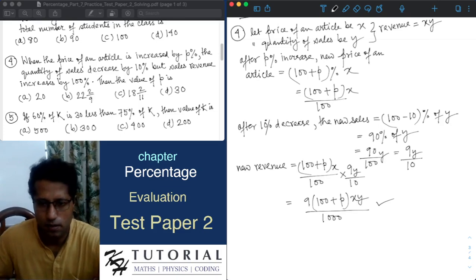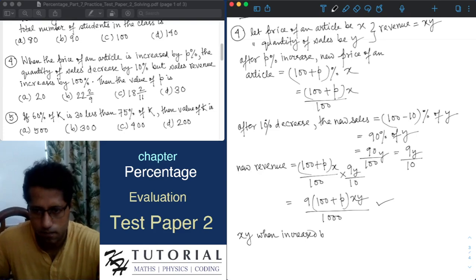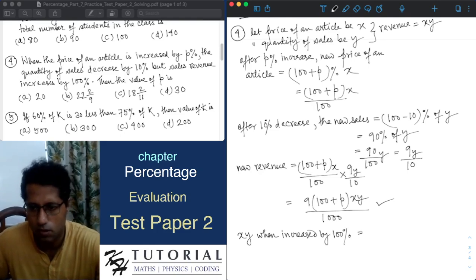Now XY when increased by 100% is equal to 100 plus 100% of XY.